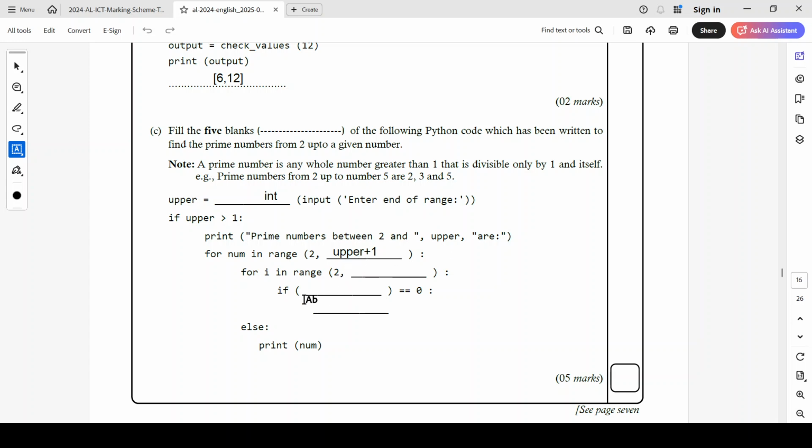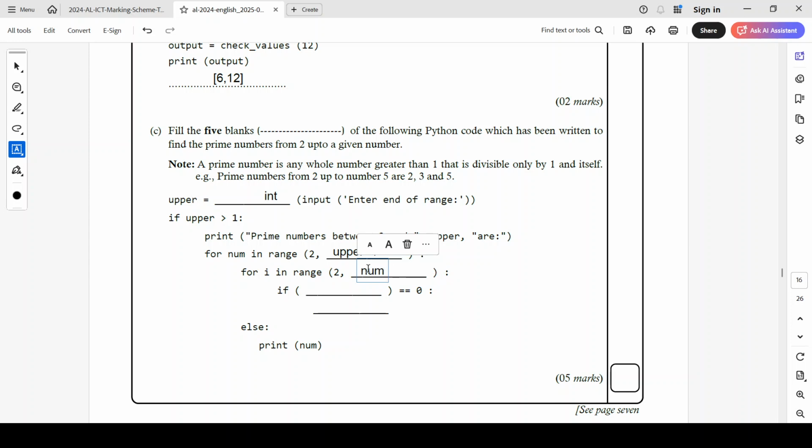Clear, it is easy. For i in range, 2 up to what? 2 up to num. It will come as num because all the numbers are going to be stored in the num variable.